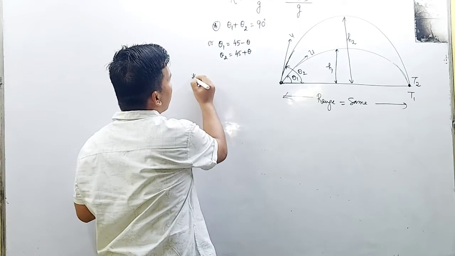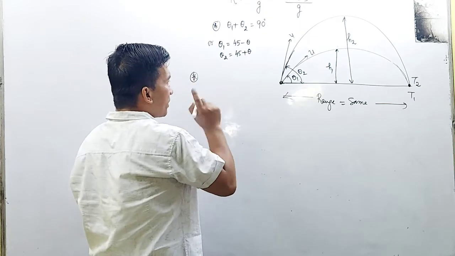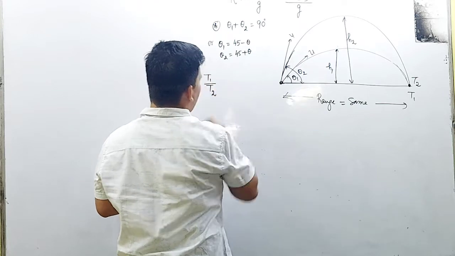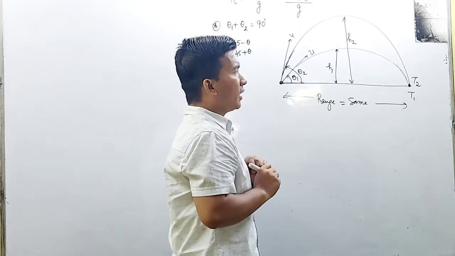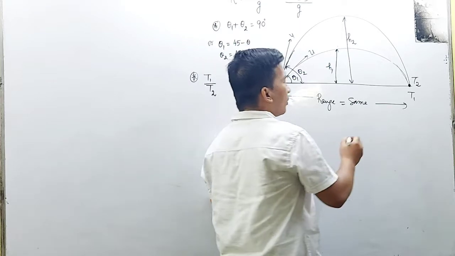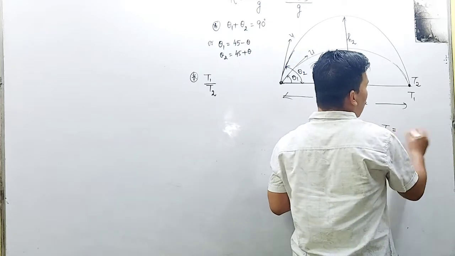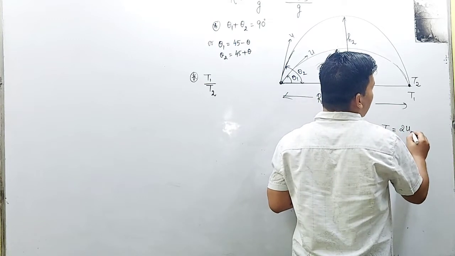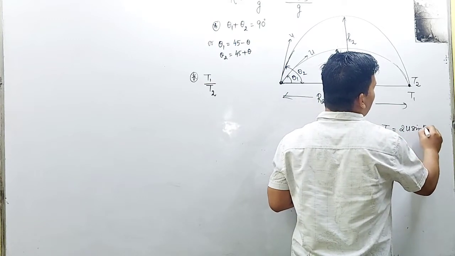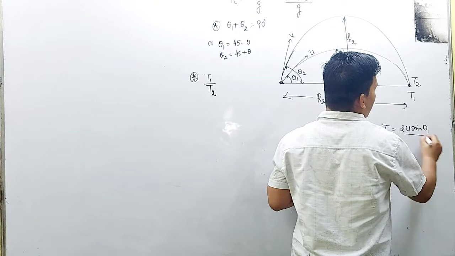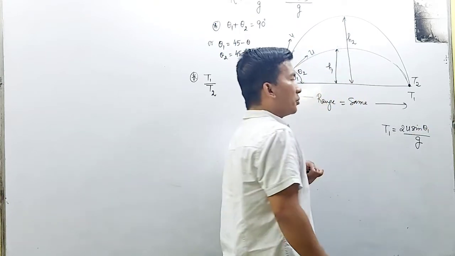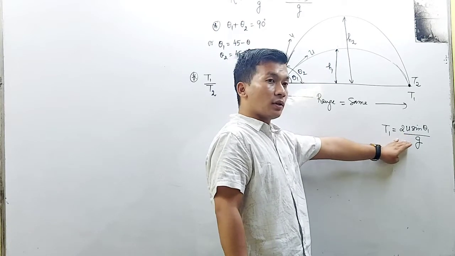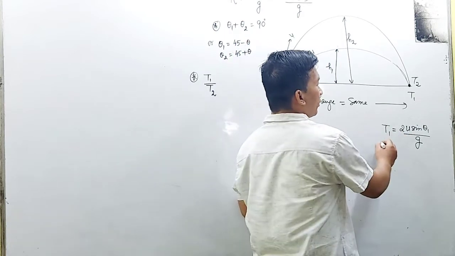Now point number 2 is all about the time periods, T1 by T2. This is important. T1 will be equal to 2u sin of theta 1 divided by g. Can we put it like this? And what about T2?